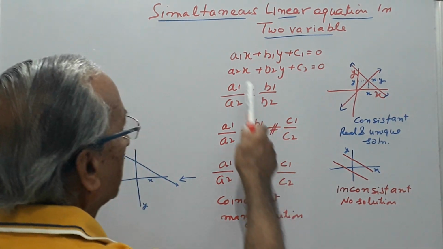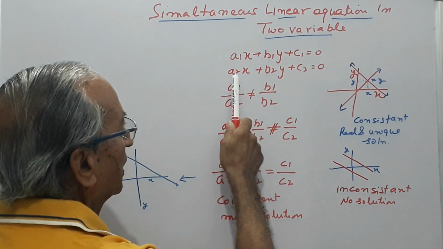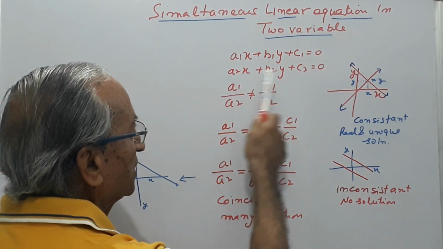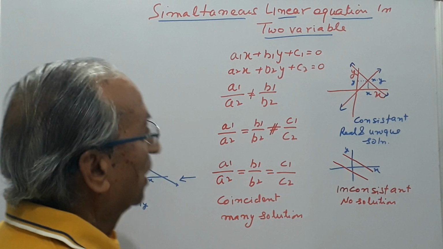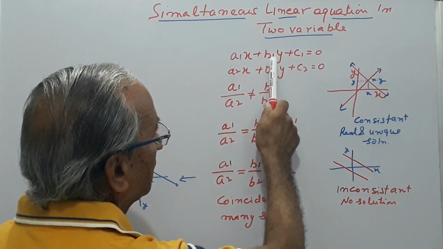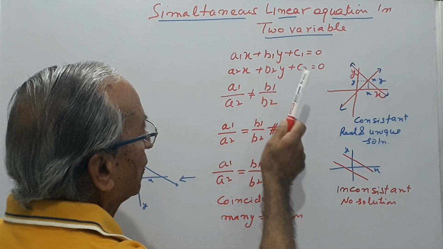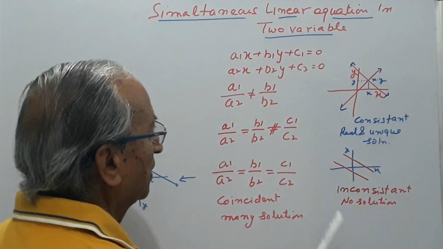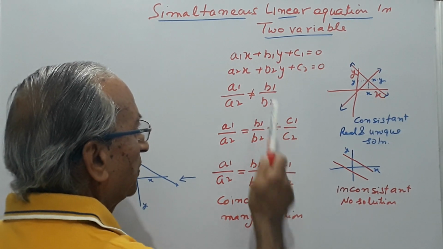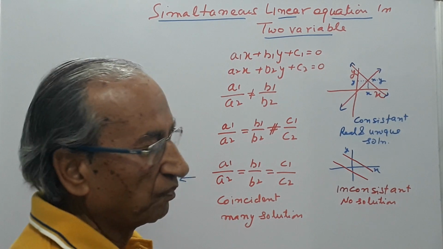Say a1 is the coefficient of x in the first equation, a2 is the coefficient of x in the second equation, then a1 upon a2, and b1 is the coefficient of y in the first equation and b2 the coefficient of y in the second equation, that is b1 upon b2, and then c1 upon c2.